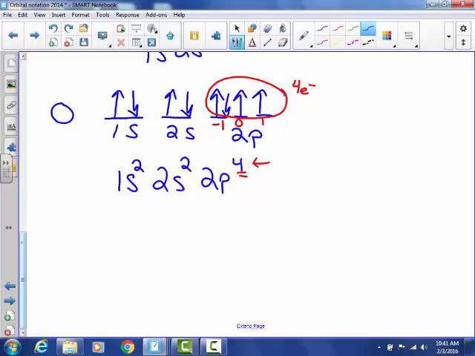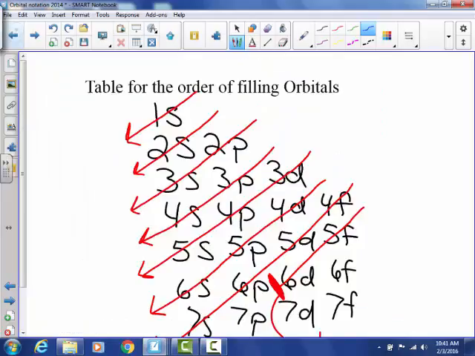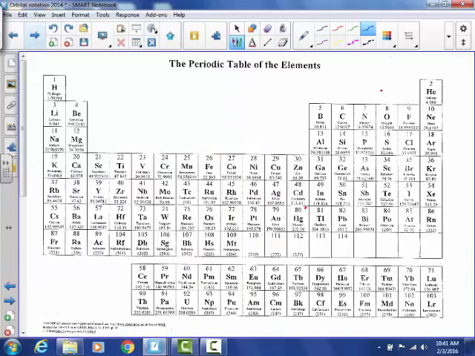Now, when writing these, again, this table for order of filling helps because you still have to follow the correct order of filling. So if you have this table handy, you want to use it. But again, all of this comes off of our periodic table as well. So I'm going to write the electron configuration notation for iron. I'm going to follow the periodic table to help me do this, because if you can follow the periodic table, you're good.